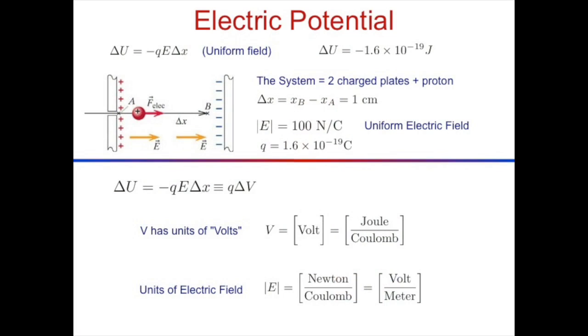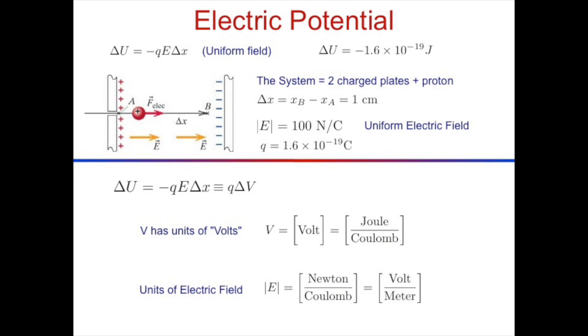It also gives us another way to look at the electric field. So far, we've thought about the electric field as something that's permeating space, ready to impart a force to a charge should one come along. So we think of the electric field in terms of newtons per coulomb. What force per unit charge would it apply? We have a new way to think about it. We could also think about it in terms of volts per meter.